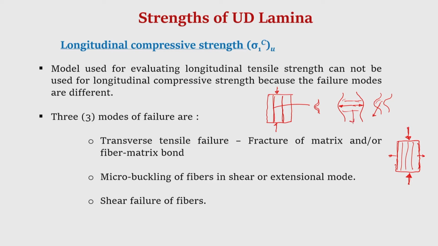This is extension and this is the matrix in shear. Therefore, the simple models which we have used for determination of the longitudinal tensile strength could not be used for determination of longitudinal compressive strength.